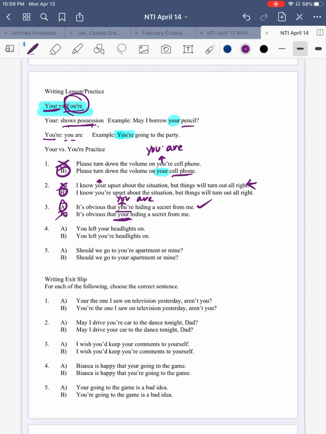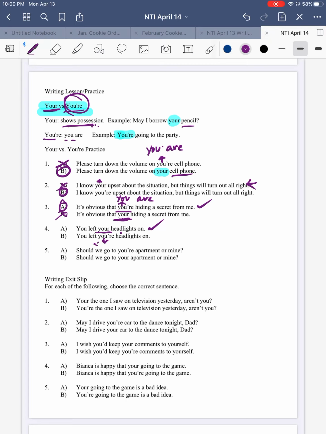Number 4, "You left your headlights on." Looking at part A, this is the possessive "your." What do they have? They have headlights, so that makes sense. Let's look at B, "You left you're headlights on."